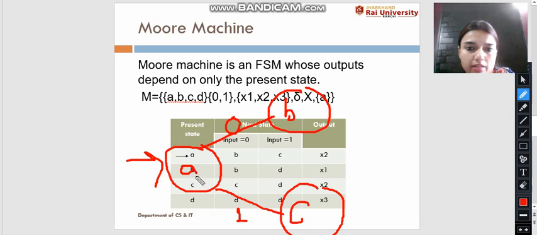Now in B, if you give 0 where do you reach?